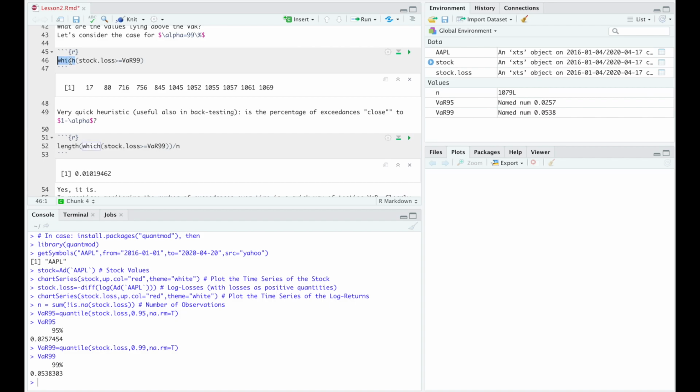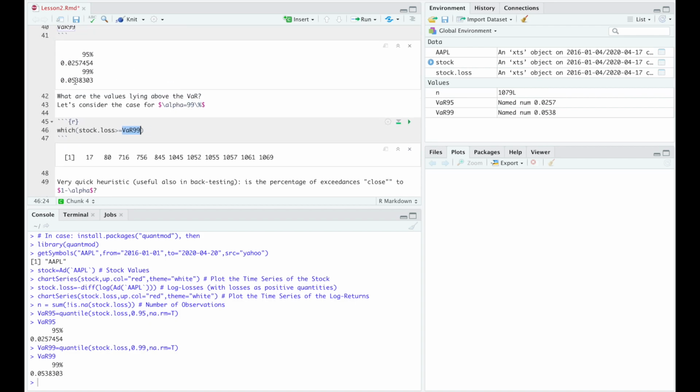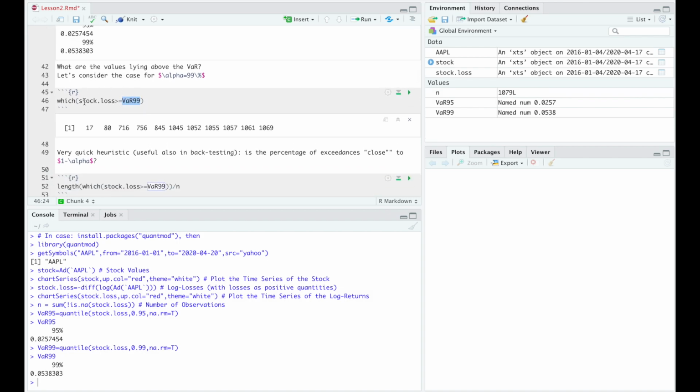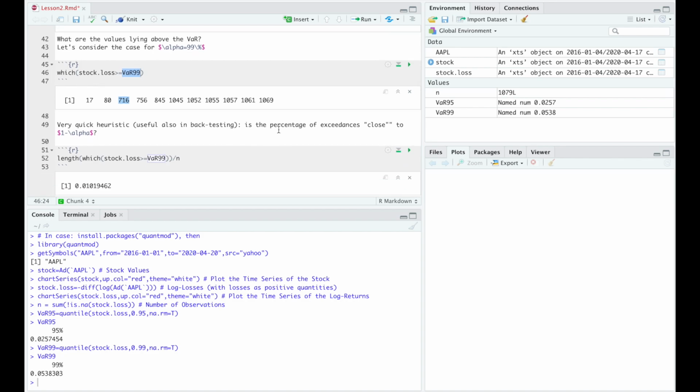We use the function which, on our array stock loss, to find what are the values that are actually above the 99% value at risk, which is 0.0538 and so on. We find out that these are the values. So these are actually the coordinates of the points. So if you want, observation number 17, number 18, 716, we can go there and try to understand more, check what happened on that particular day and so on. So these are common things to do in analyzing a financial time series.